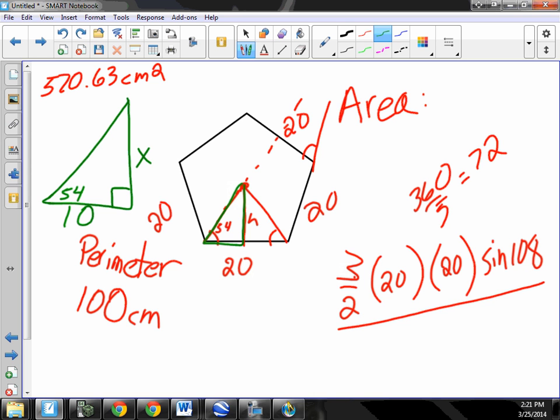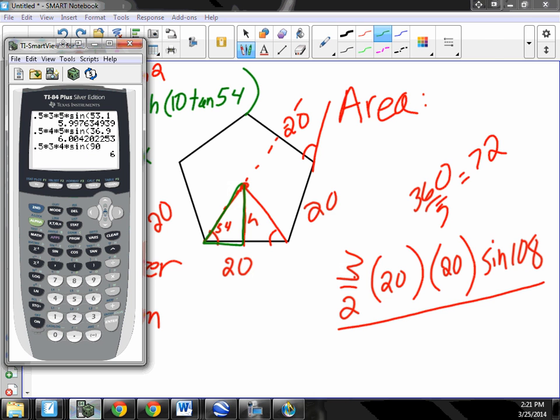Tangent problem. So the tangent of 54 equals x over 10. So the height, h, is 10 tangent of 54. Everybody follow that? What is that number?